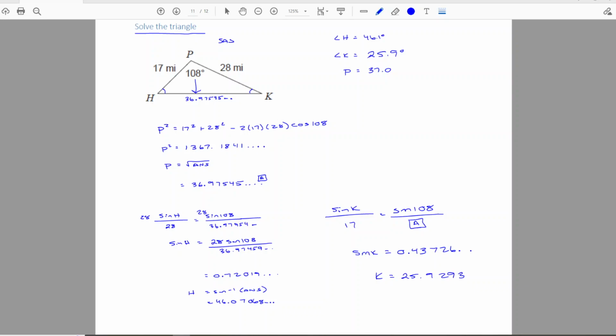So I'm good. And again, I could have solved for angle K simply by doing 180 minus 108 minus 46.07068, and I could still get 25.9 degrees. Awesome. So that is solving a triangle using my non-right angle triangle laws.